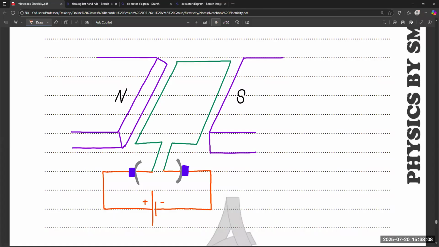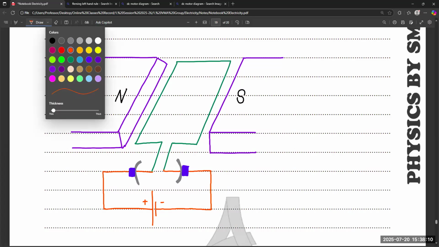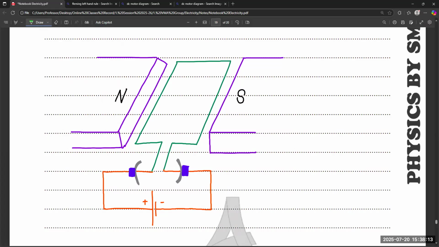So basically, you already know about the direction of the magnetic field. The magnetic field always flows from left to right, like north to south. So this is the direction of the magnetic field.